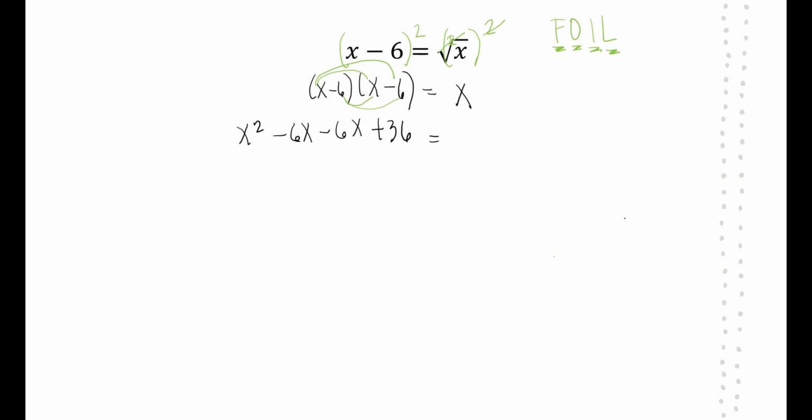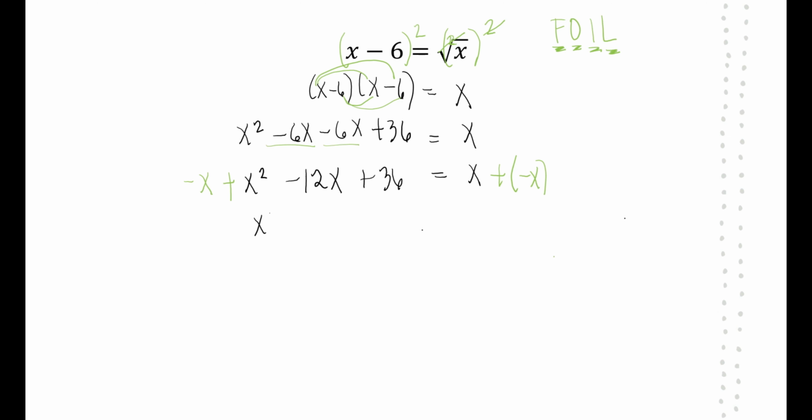36 equals x. Simplifying this further, by combining like terms, the left side of the equation would be equal to x squared. Negative 6x minus 6x is equal to negative 12x plus 36 equals x. Now, we have to use the addition property of equality and then add negative x to both sides of the equation and then simplify.